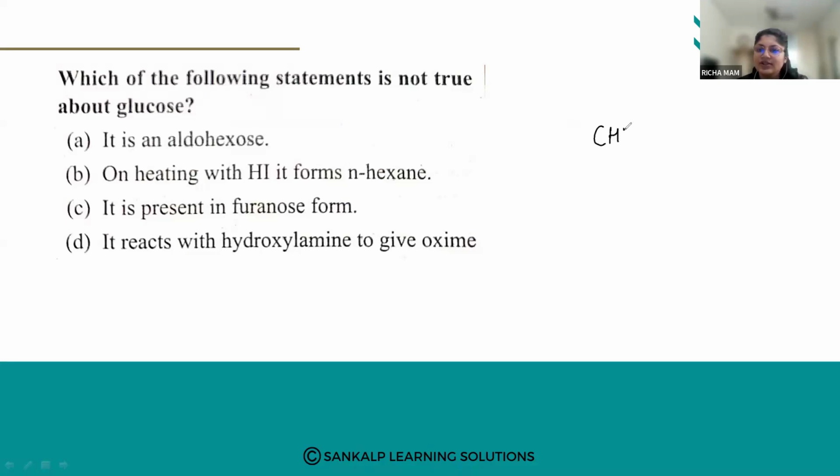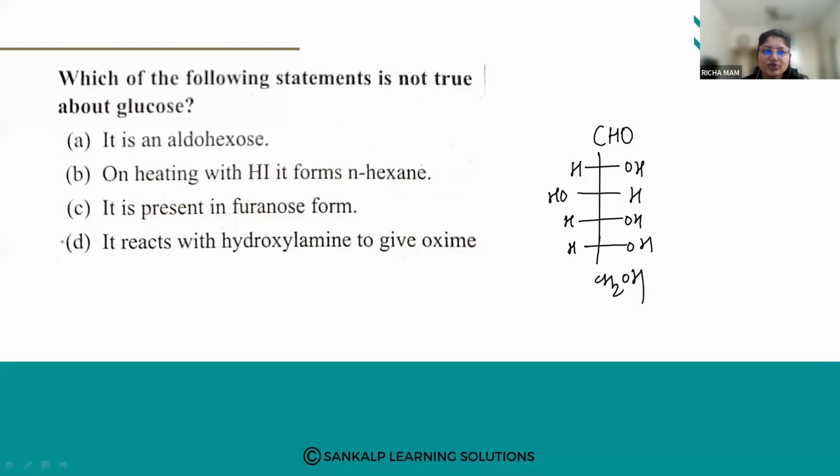It will be CHO, then the H-OH groups, and CH2OH. So this is the structure of glucose. It is an aldohexose, consisting of an aldehydic group, so this statement is correct.